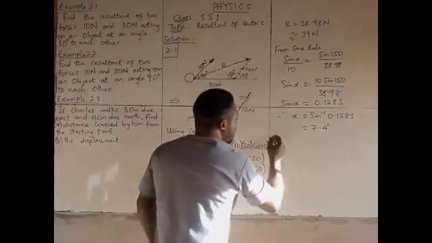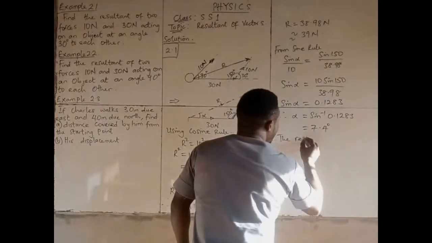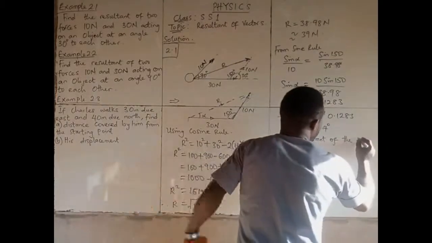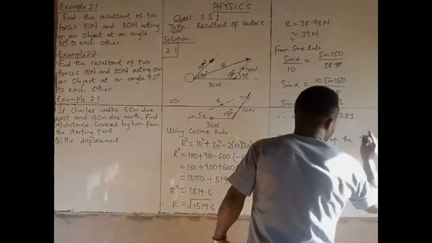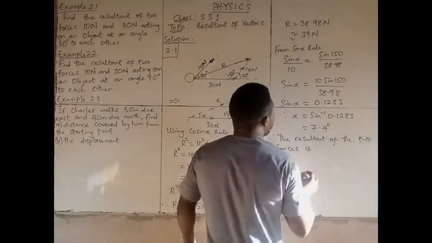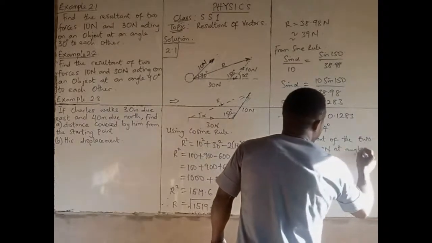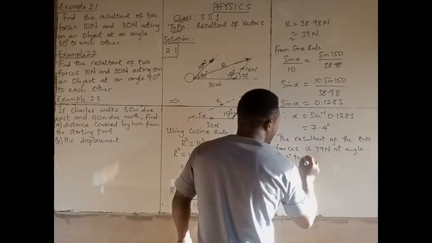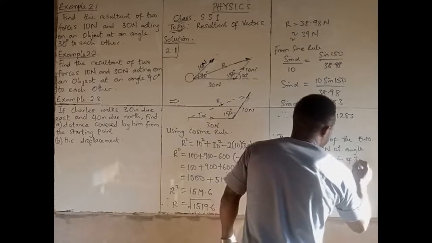And we can now conclude, therefore, that the resultant of the two forces, the 10 Newton and 30 Newton we just mentioned above, is 39 Newton at an angle of 7.4 degrees to the direction of 30 Newton.